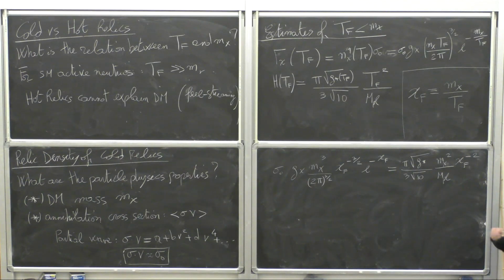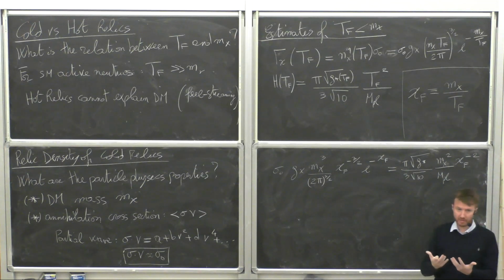The only unknown quantity in this equation is xf. You cannot solve this analytically because xf appears both as a power law and as an argument of the exponential function. Of course, if you give this to a computer, you immediately find a solution. But it's nice to understand what kind of xf we are talking about.